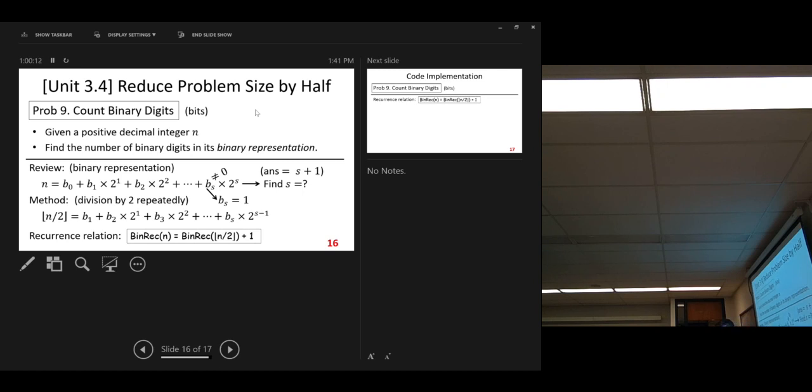So we derive this recurrence relation. Pretty simple. But in order to find its solution, there is a difficult part.